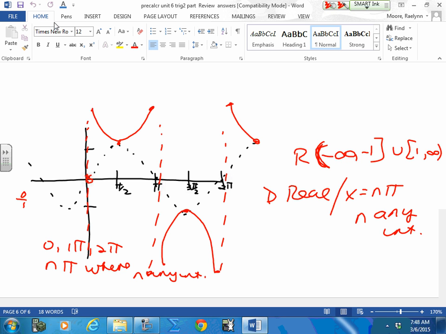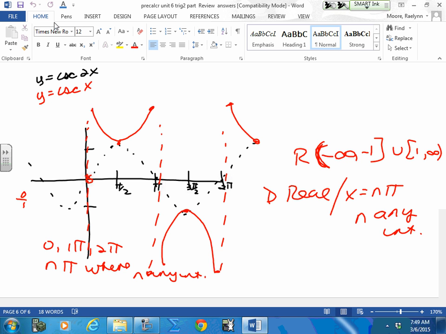Now, again, just think this out with me for a minute. If I change this, and I now want y equals cosecant 2x, do I want more curves in 2 pi or less curves in 2 pi?